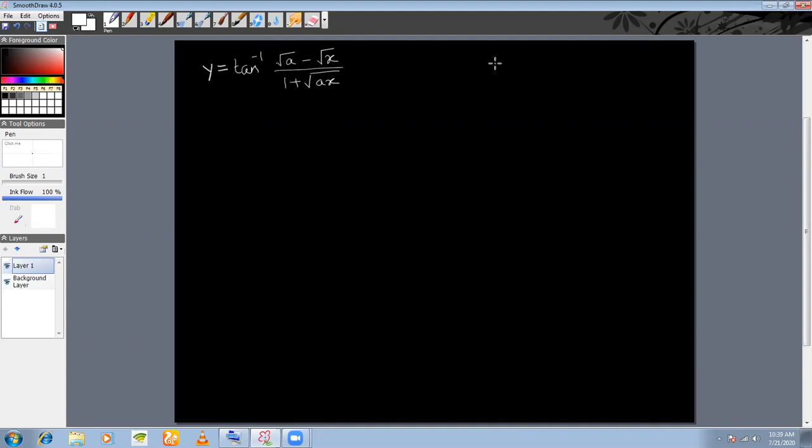In this problem, the expression under the bracket looks like tan a minus tan b by 1 plus tan a into tan b. Why does it look like this? Because the numerator is okay, but as far as the denominator is concerned, you can write it as root a minus root x divided by 1 plus root a into root x. Now it looks like tan a minus tan b by 1 plus tan a tan b, isn't it?